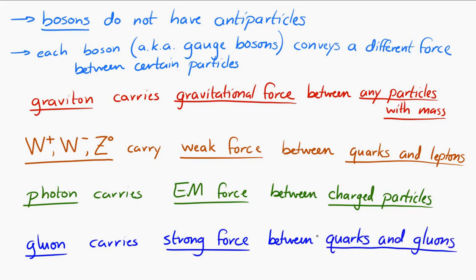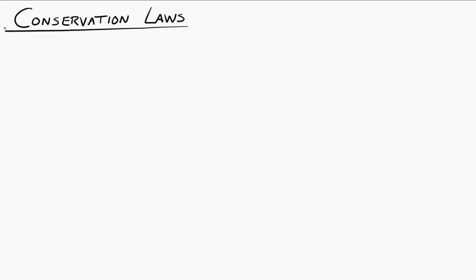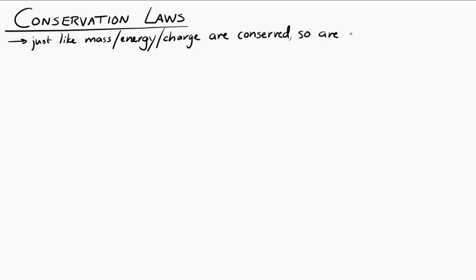Now, there's a lot going on here, and keep in mind, this took many decades to develop, so we're trying to address it in just a couple of minutes. But there are laws that govern the behavior of all of these particles. There are conservation laws. Just like there's mass and energy conservation and charge conservation, there are other things which are conserved in particle interactions.